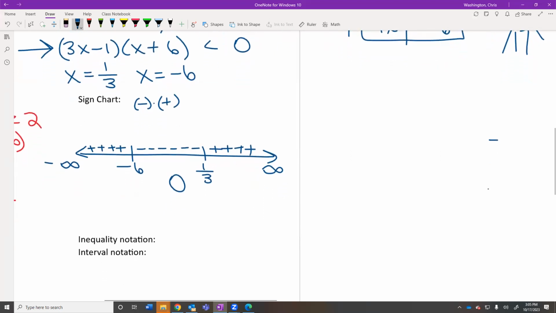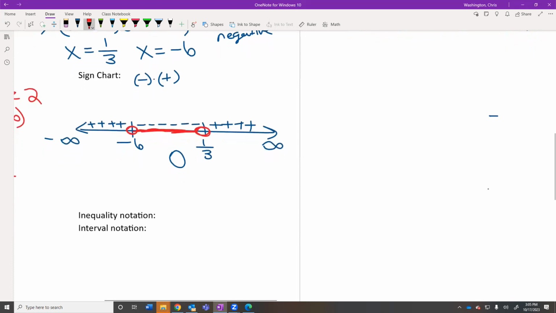So now we're ready to figure out our answer. We have just less than. So we are looking for negative, which would be between negative 6 and 1/3. But since it's also not equal to, is only less than, we're going to use open circles this time. It is strictly less than, not equal to.